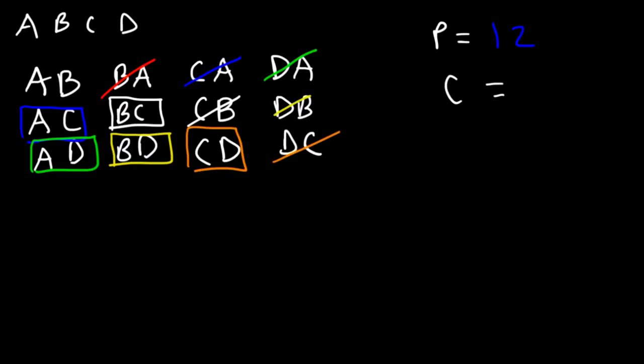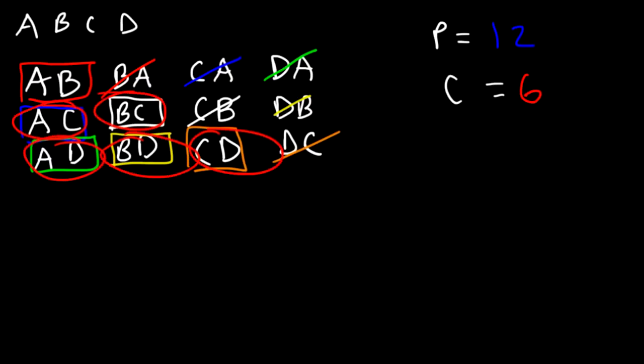So notice that the number of combinations is equal to 6. 1, 2, 3, 4, 5, 6. So now you can clearly see the difference between a permutation and a combination. Just remember, for a permutation, the order matters, and for a combination, the order does not matter.